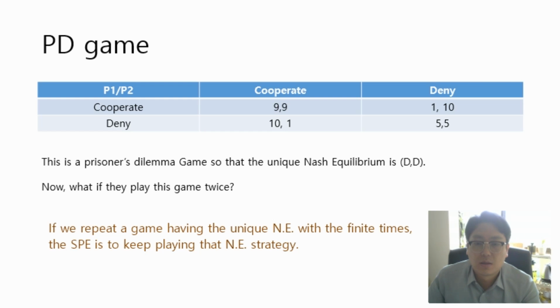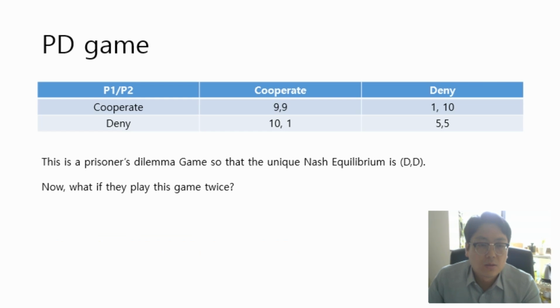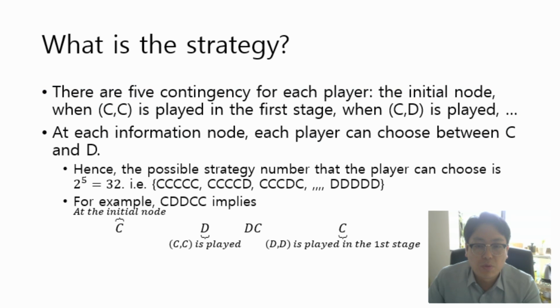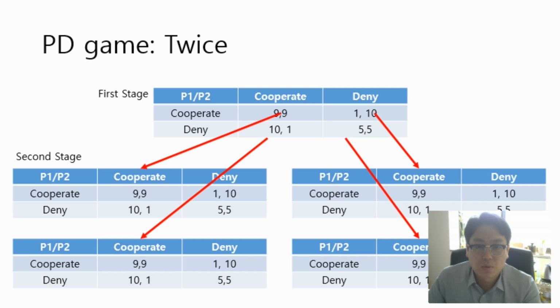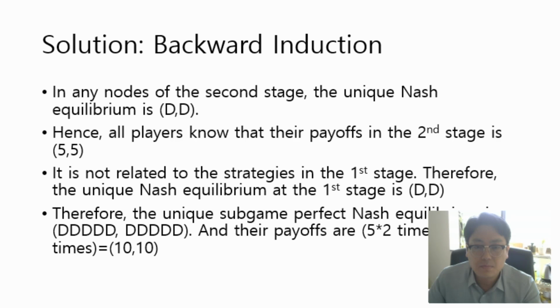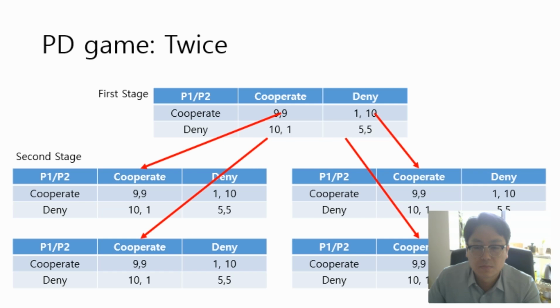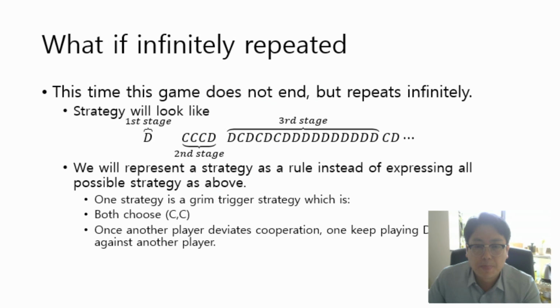That's it. Okay. So even though we are playing the same prisoner's dilemma game again and again and again, people don't choose to cooperate. They will keep choosing to deny forever. Nothing wrong there. Okay.